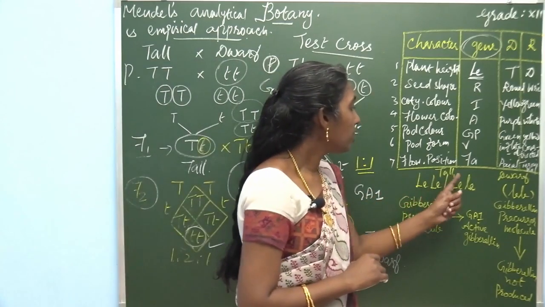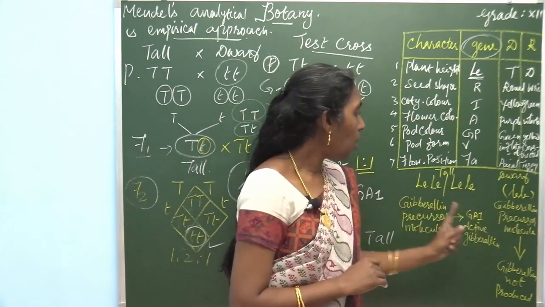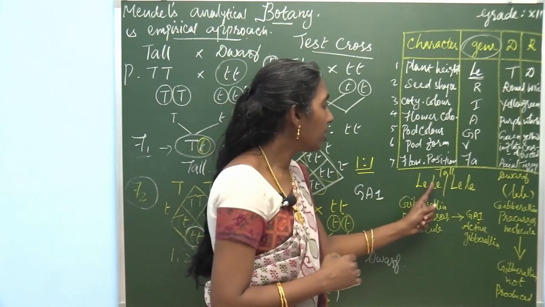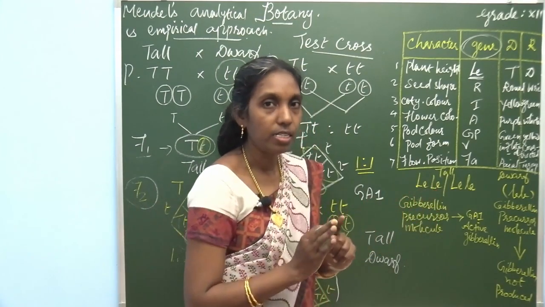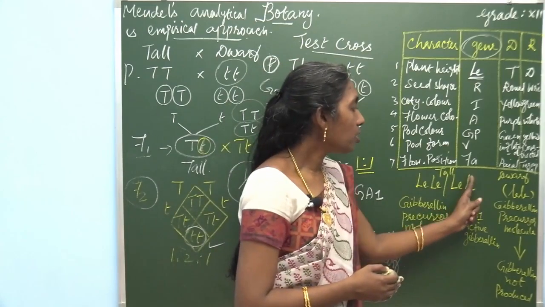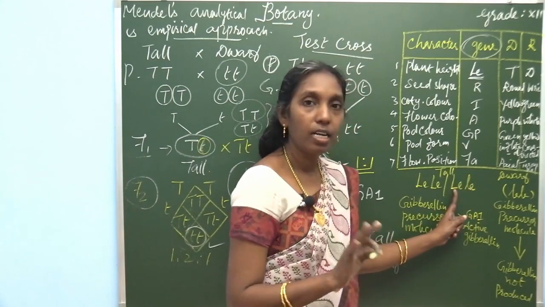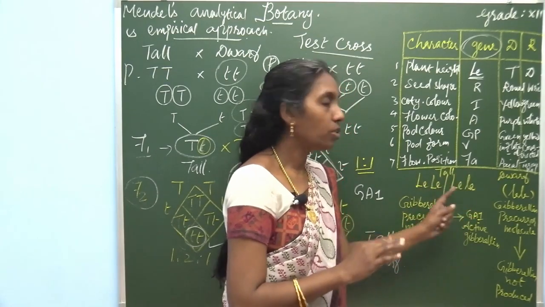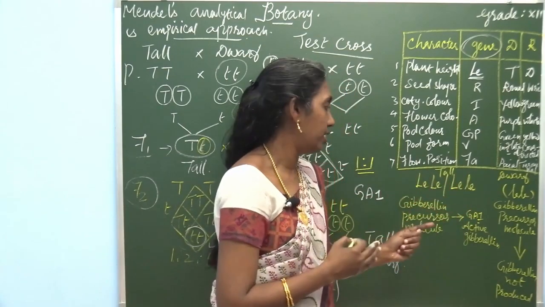Look at this, this is the tall trait, this is dwarf. The tall possesses either homozygous capital LE or capital LE small le. Here capital L is present, length LE. So, these two traits express tallness.